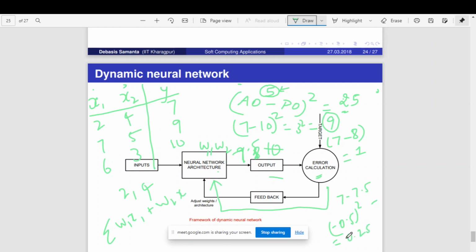Again the weights will be adjusted. Now if the predicted output is 7 and the actual output is also 7, the error is 0. Now there is no error, which means that it has learned. It has learned only for these 2 points. Like that it has to learn for all the points. Is that clear?